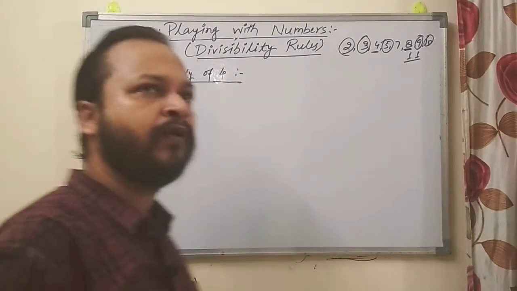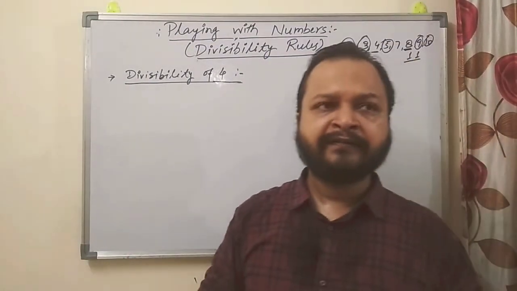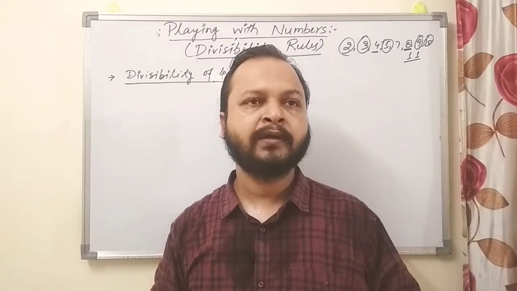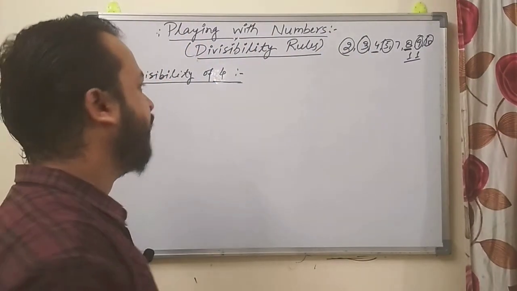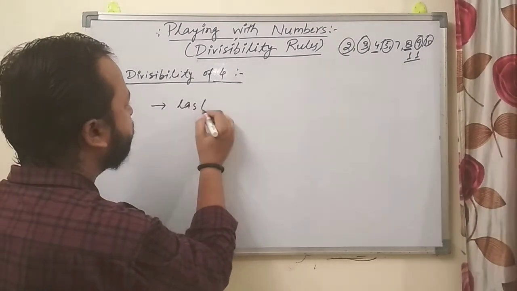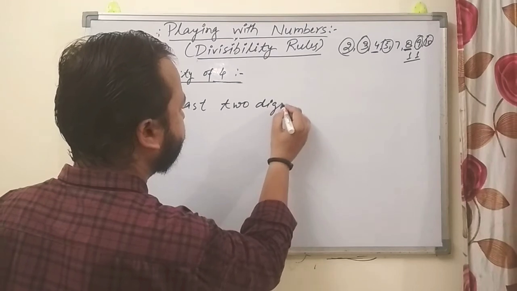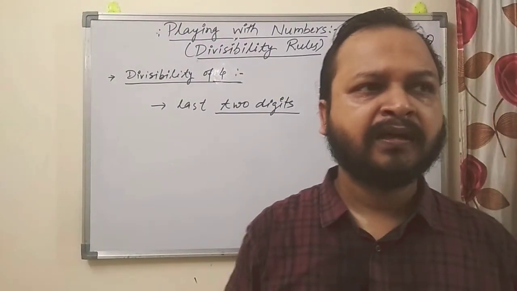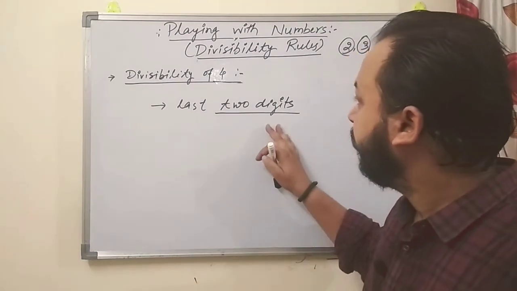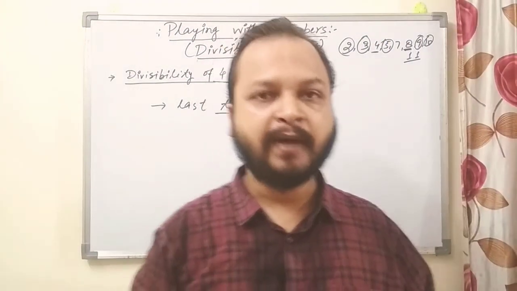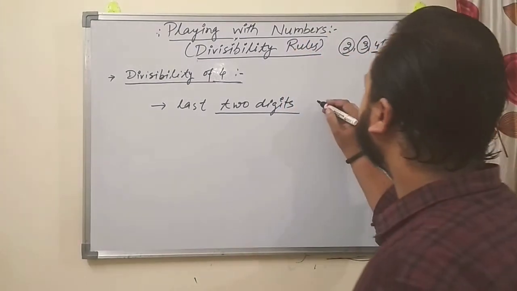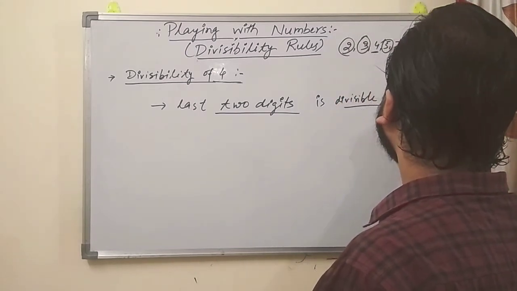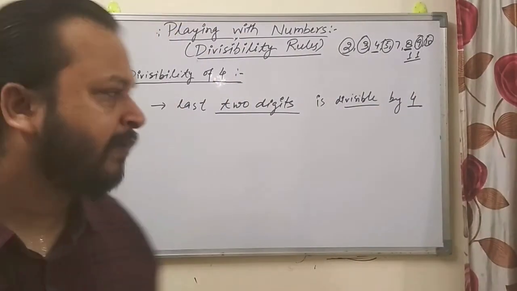The divisibility rule of 4 states that if the last two digits of a given number are divisible by 4, then that particular number is also divisible by 4.